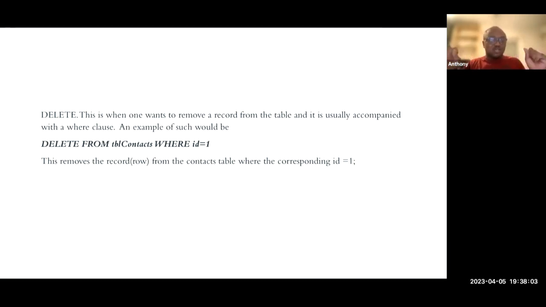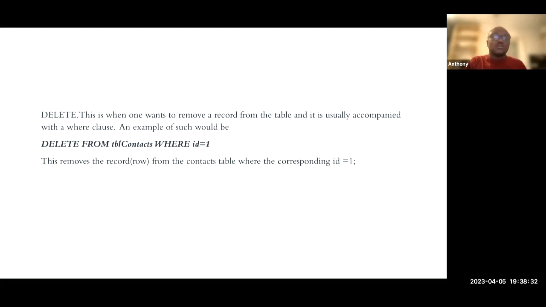SQL is going to go to the database with your multiple where clauses, with your AND statements joined together, check for those conditions and delete that record. It goes the same way for update. It goes the same way for reading, that's for selecting. So these are the ways to perform CRUD statements.